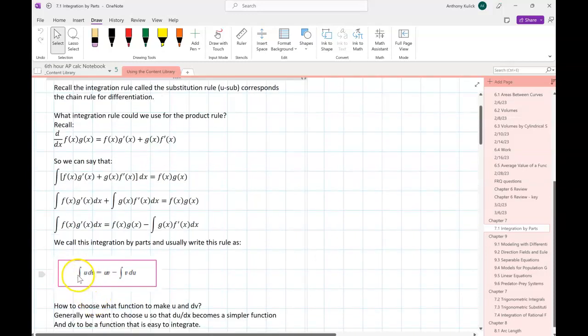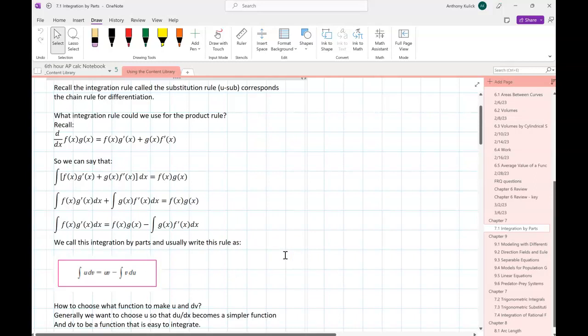So we say the integral of u dv equals u times v minus the integral of v du. So what we're able to do is integrate part of a product rule by reshuffling around the product rule here. That's all this is, just the product rule antiderivative.